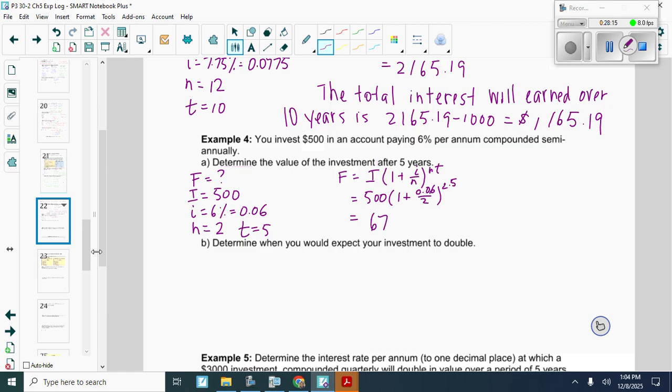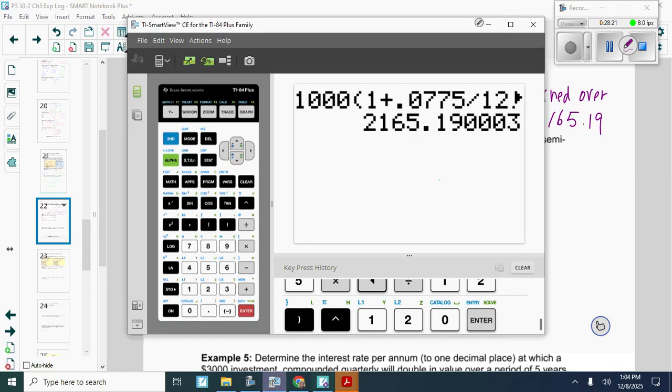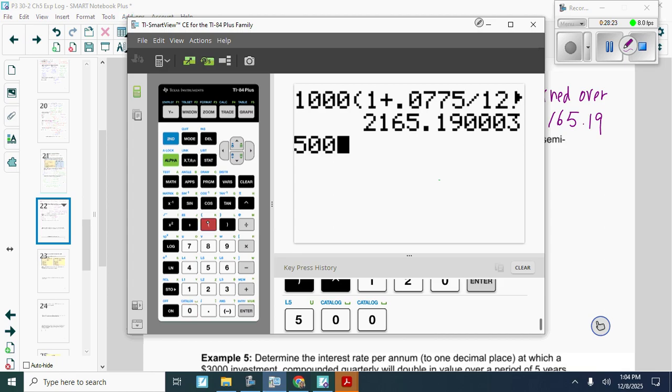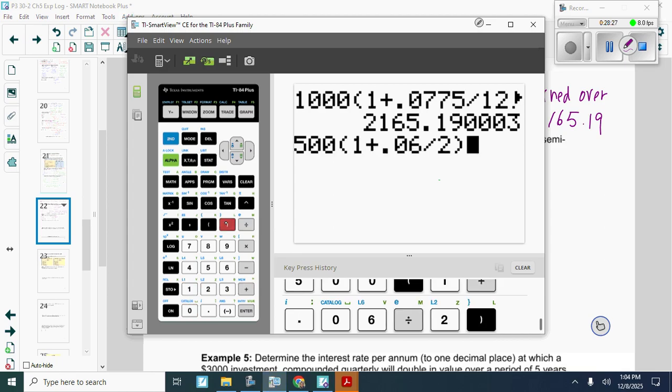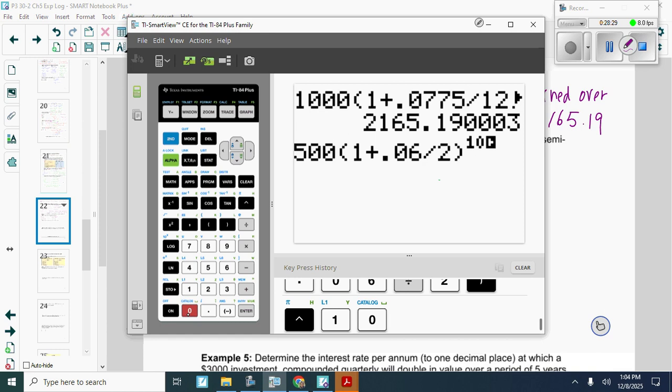We should get 671.96. So we had 500, 1 plus 0.06 divided by 2 to the exponent 10. There you go, 671.96.